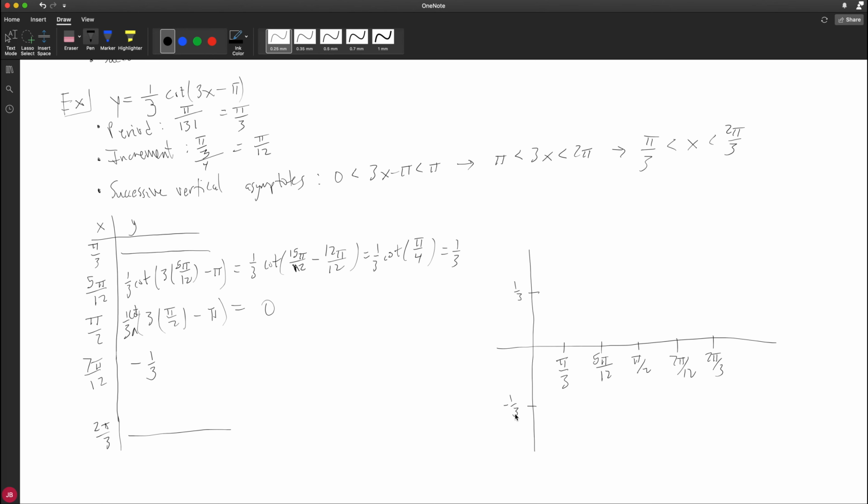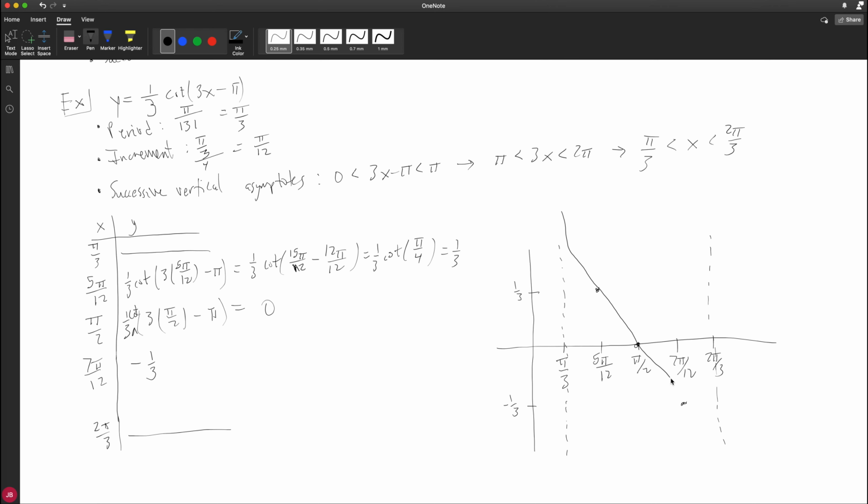Okay, so at pi over 3, which is the left end, and 2 pi over 3, which is the right end, we have asymptotes. 5 pi over 12, I get a value of 1/3, then 0, and then minus 1/3. And once again, the graph kind of snakes in between.